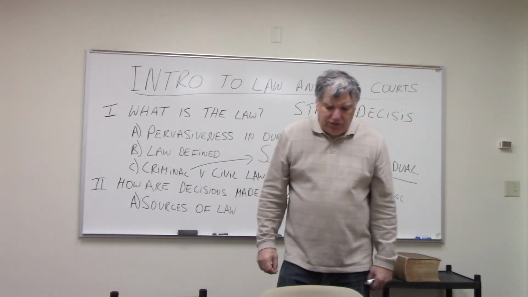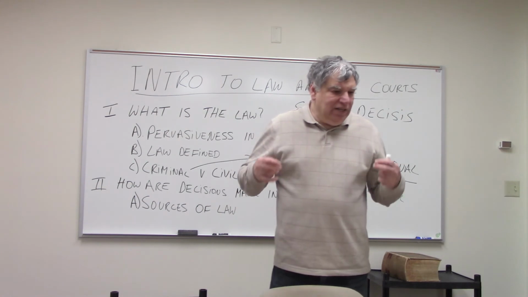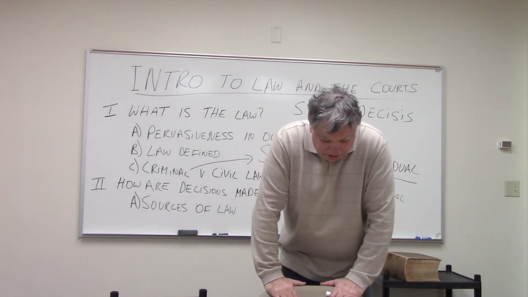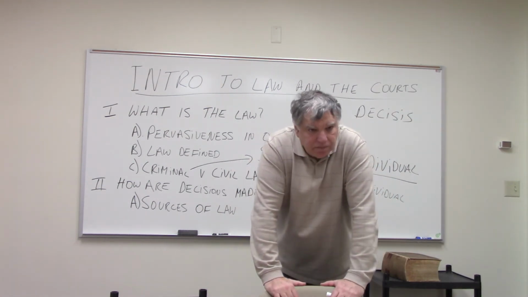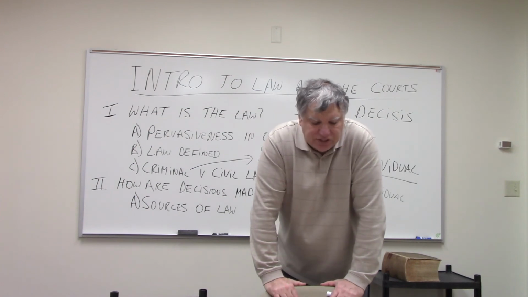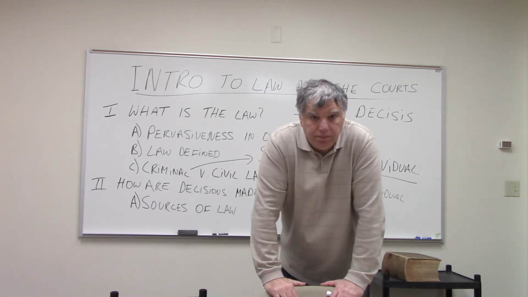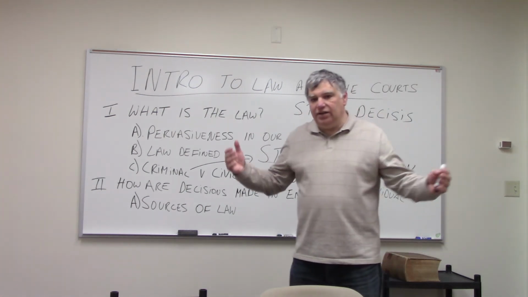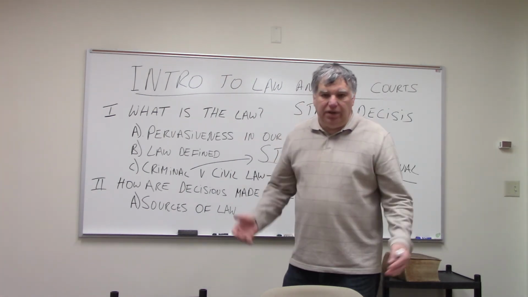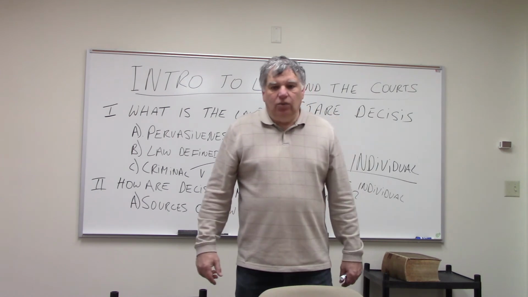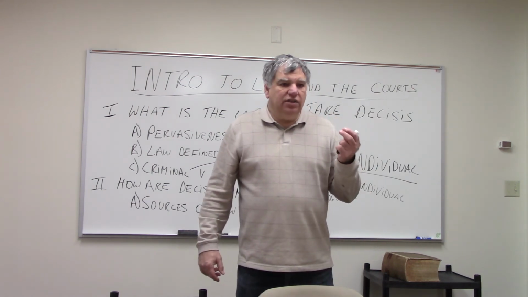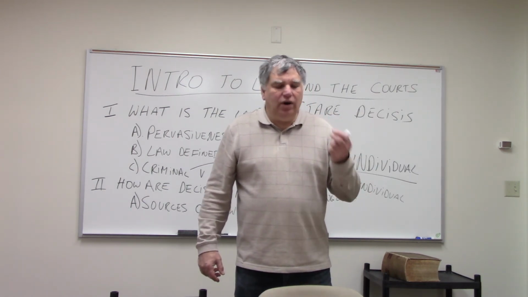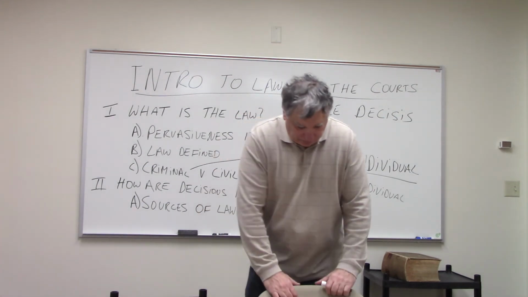But what the heck does diversity of citizenship mean? All that simply means is that the parties of the case are citizens of different states. So one person may be from Ohio, the other person's from Pennsylvania, there's a car accident, and because they're from different states, one of the parties wants this case to be heard in federal court rather than state court.